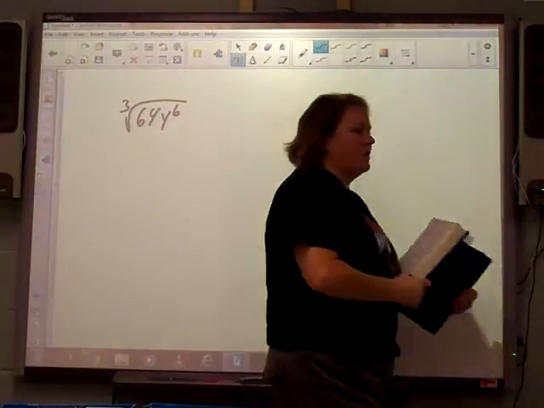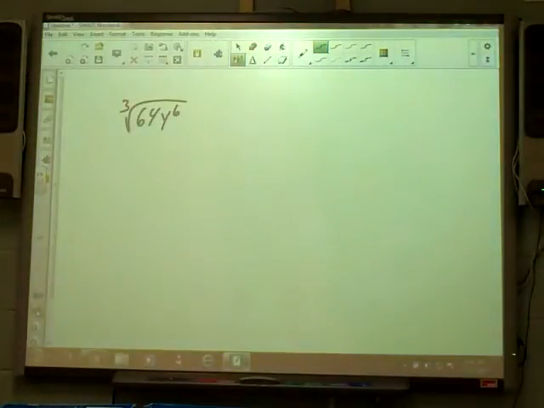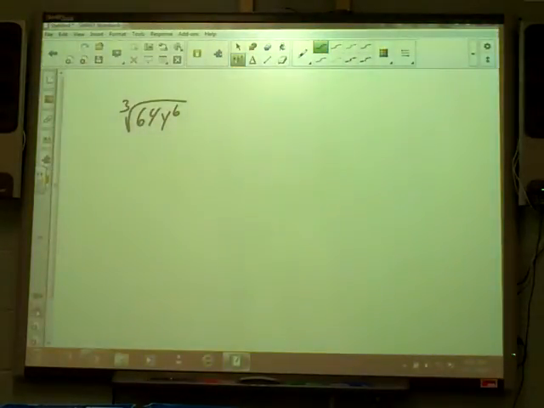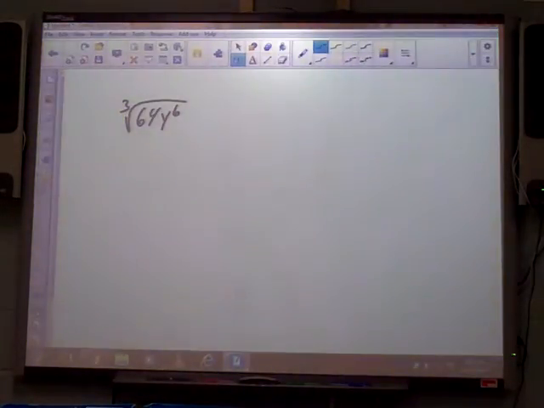Alright, we got the cube root of 64 y to the 6th. Directions just say to simplify. So I don't have anything adding and subtracting, and there's no fraction stuff. I'm just looking for what I can break down. I want to bring out as many perfect cubes as I can.